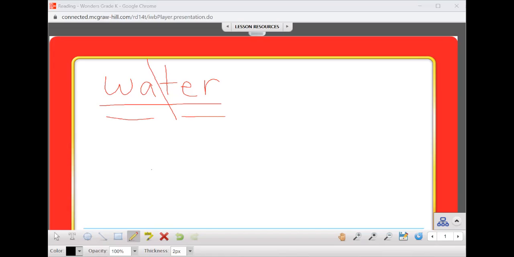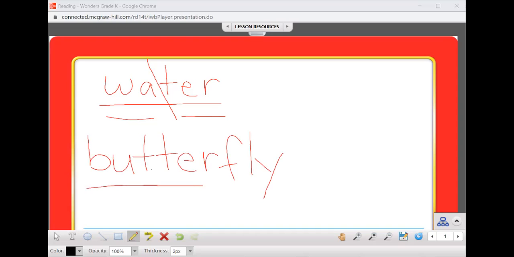All right, let's say and count another word. This is a long word. Okay. We are going to say it and count the parts. The word is butterfly. All right, you're going to clap with me and say butterfly, but we're going to count the syllables or the parts.